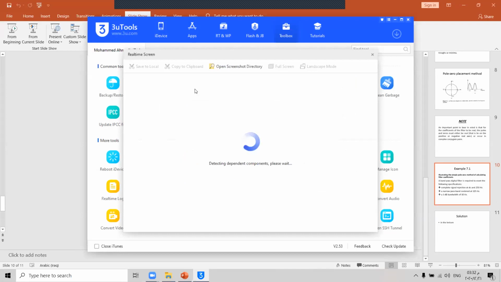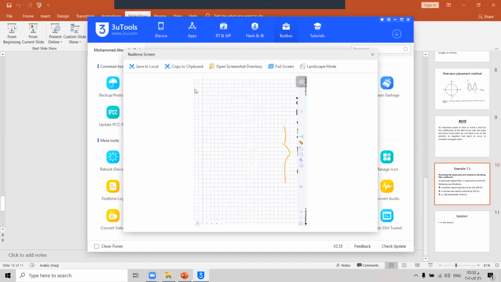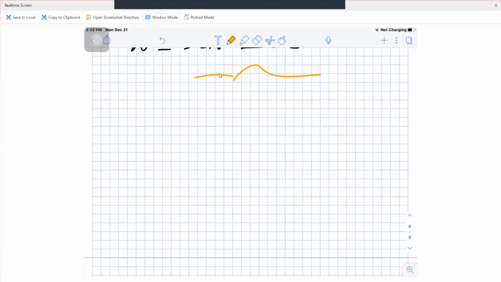First of all, we have to make a sketch of the tolerance scheme of the desired filter.